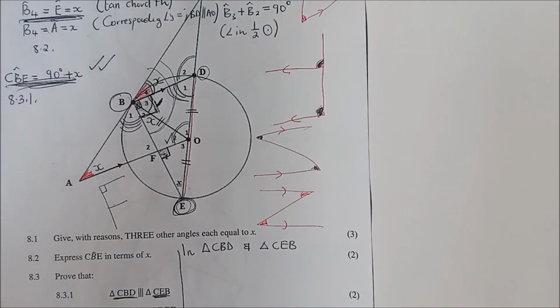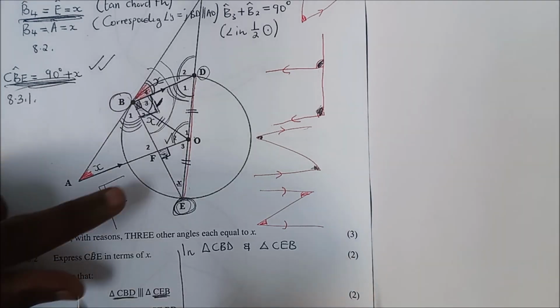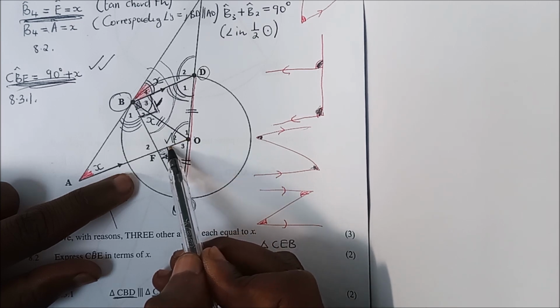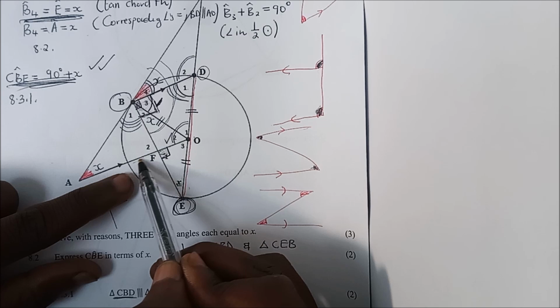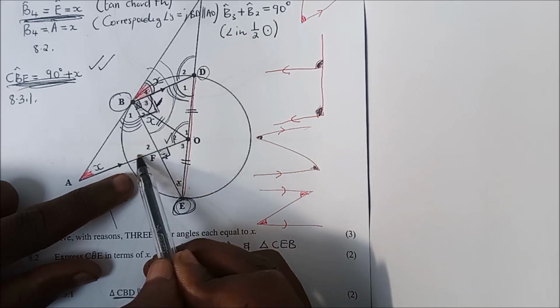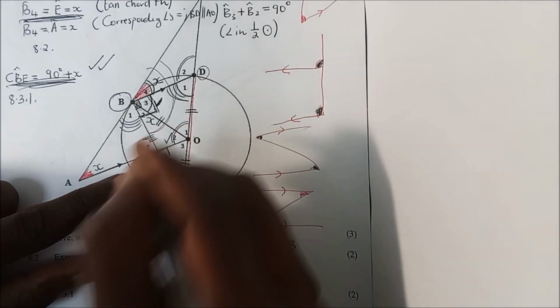According to the first theorem, the line drawn from the center perpendicular to the chord bisects it. Let's look at the line. This is the line drawn from the center, it is the perpendicular bisector of the chord. So what does that mean? That means this one is equal to that one.